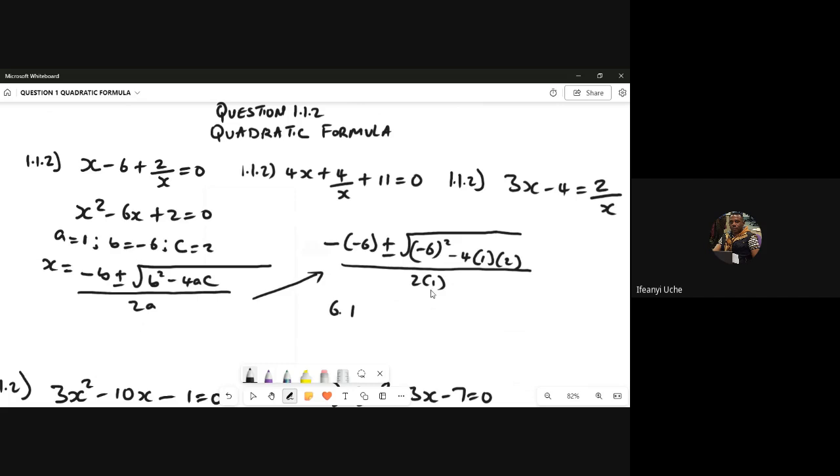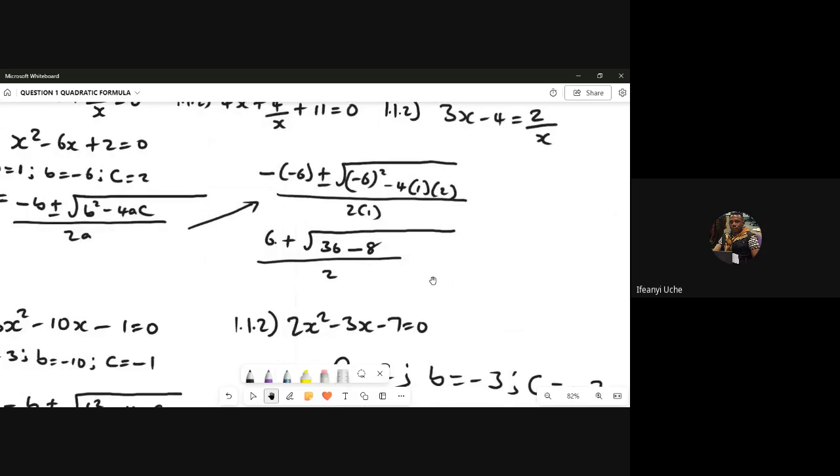You can still take it one step at a time to avoid mistakes. You have your 36 here. Then you have your negative 8, because negative 4 times 1 is negative 4, and negative 4 times 2 is negative 8, all over 2.